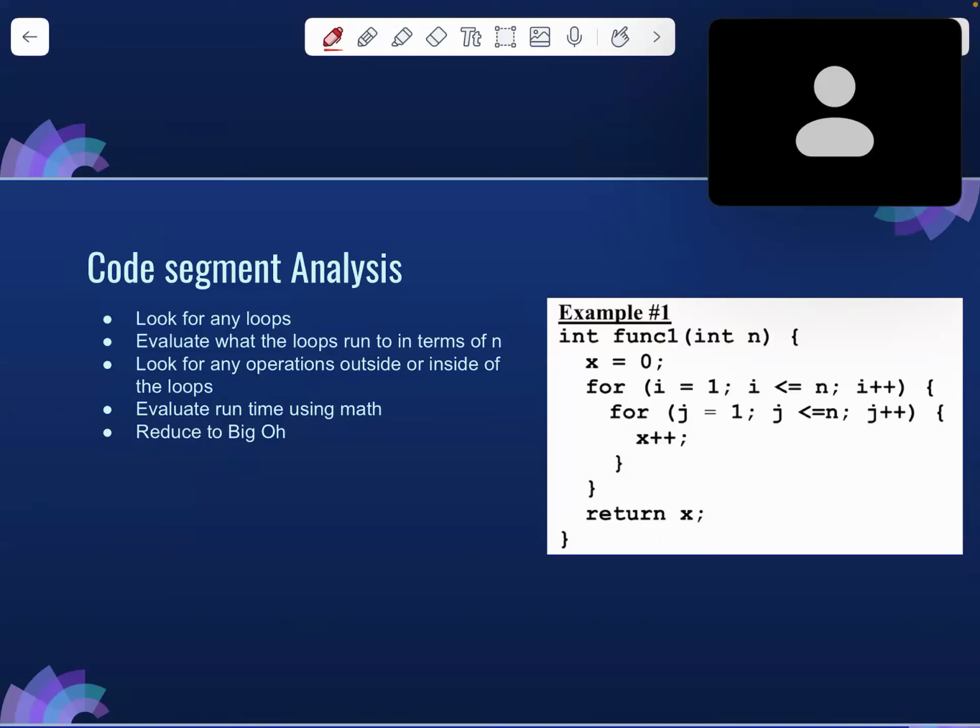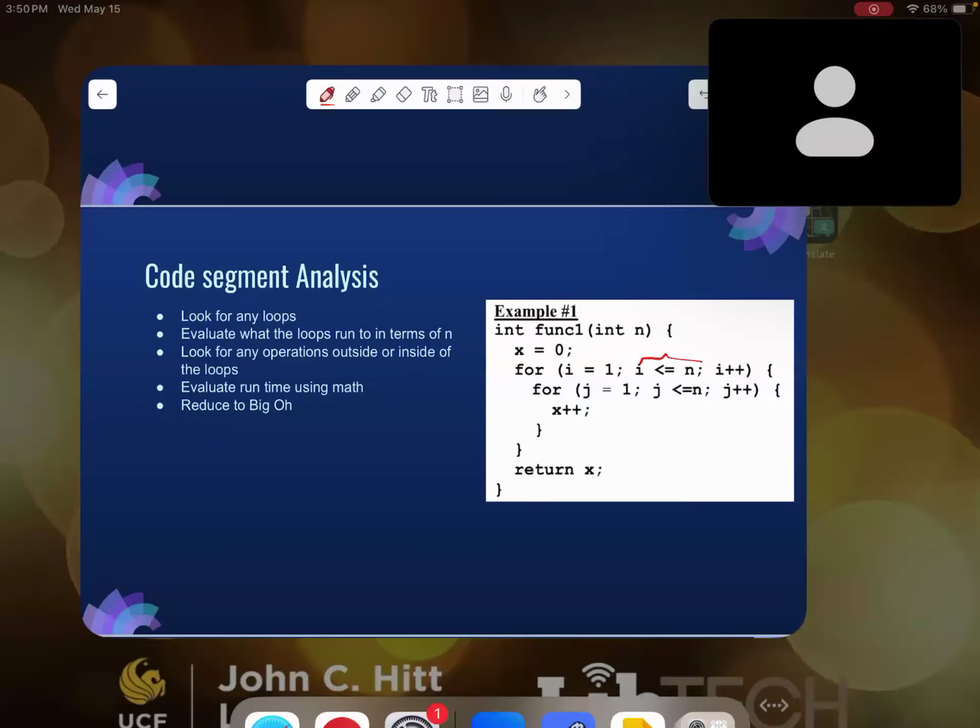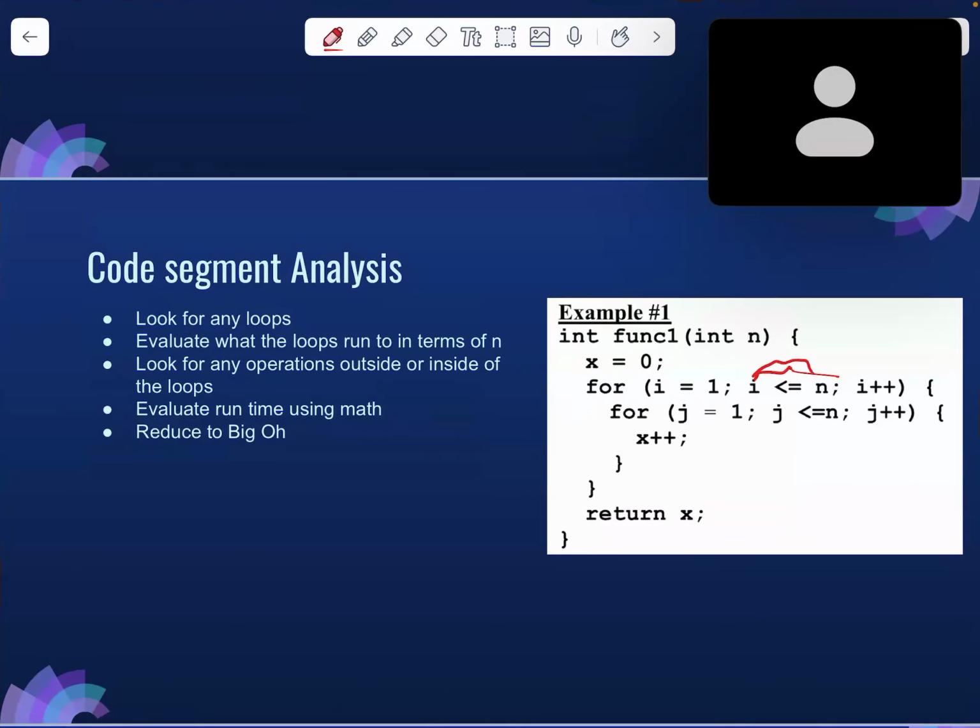Our first loop, we know it's going to run all the way until n, and we want this in terms of n. So we know this loop is going to run n times, from 1, 2, 3 to n, doing the operation that is in this loop.